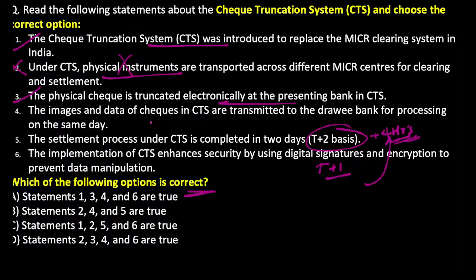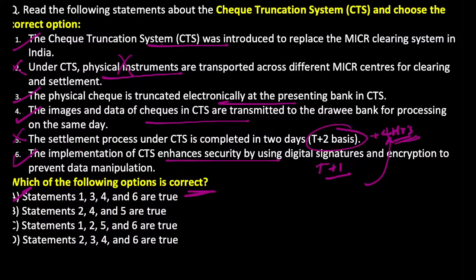Image and data of the check in CTS are transmitted to the drawee bank for processing the same day. Settlement, this has changed. Implementation of CTS ensures security by using digital signature and encryption, true. So 1, 3, 4, 6 means option A will be the right answer for this one.